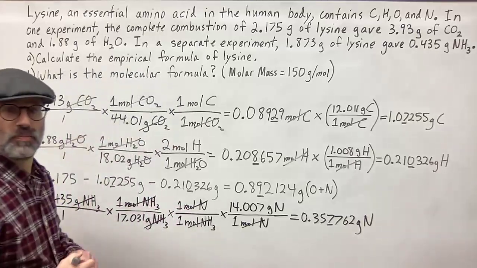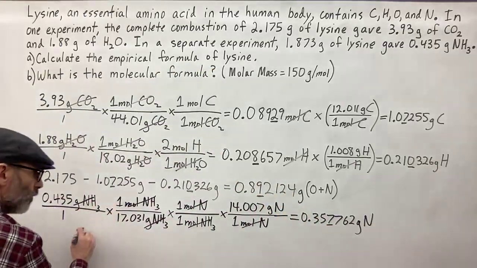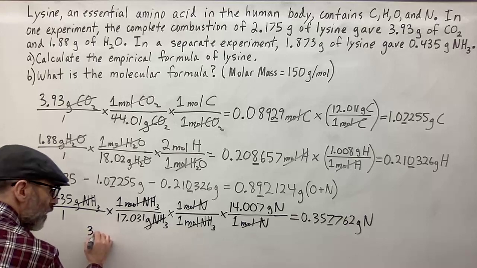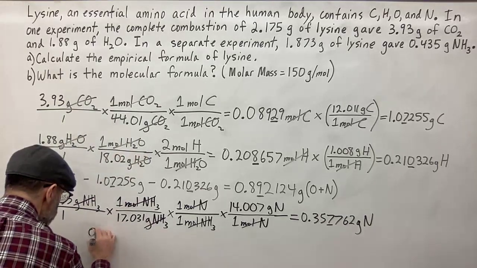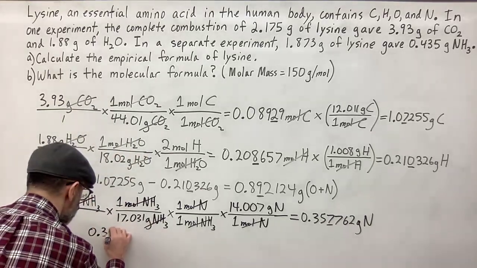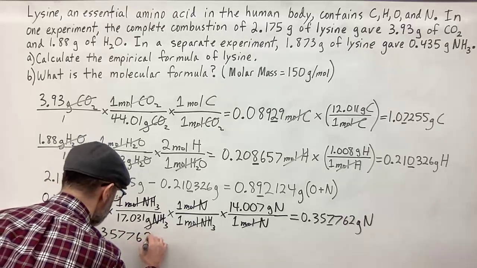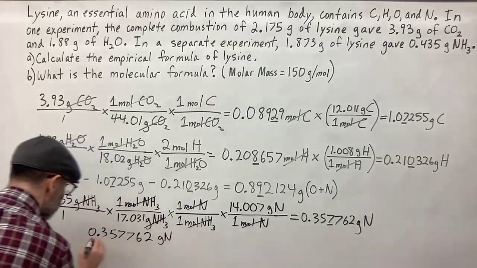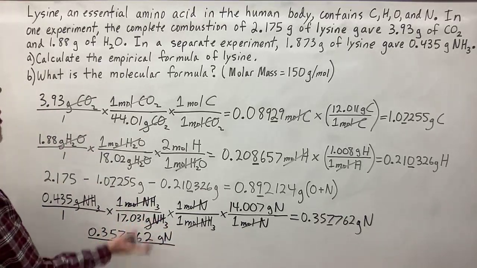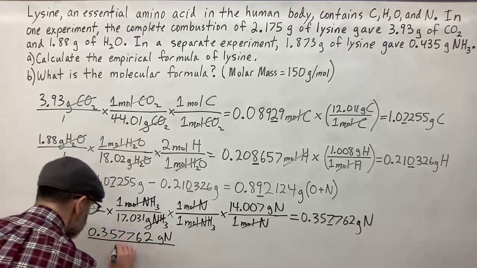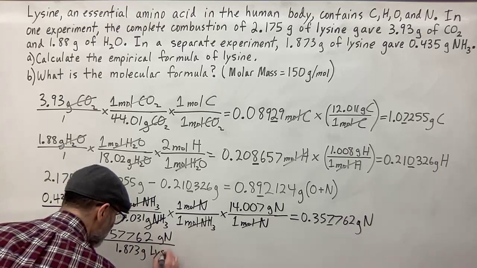So what I can do is set up the ratio here. 0.357762 grams of nitrogen over whatever the sample from which that amount of nitrogen came from, and that is 1.873 grams of the lysine.